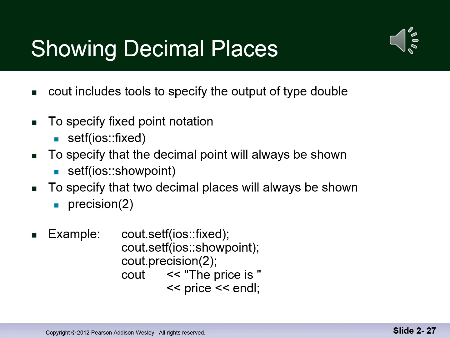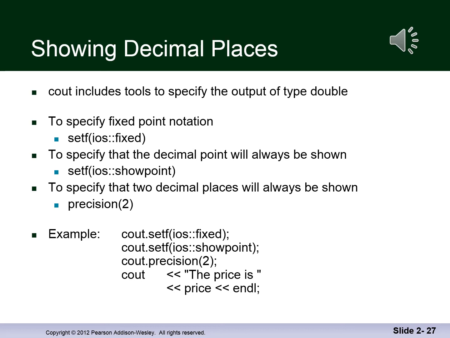To specify that the decimal point will always be shown, you insert that setf statement, the showpoint statement. To specify that 2 decimal places will always be shown, you insert the precision statement with a 2.